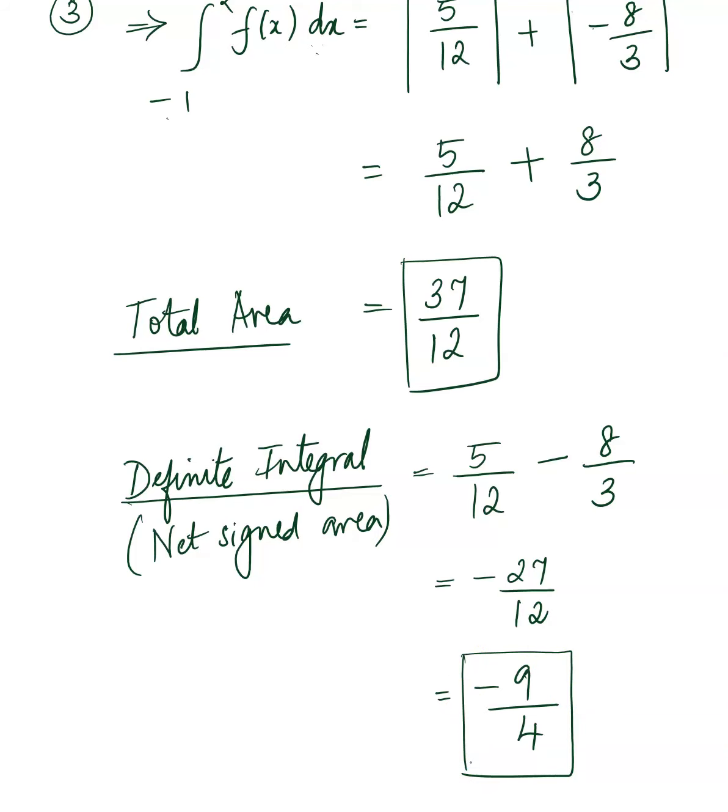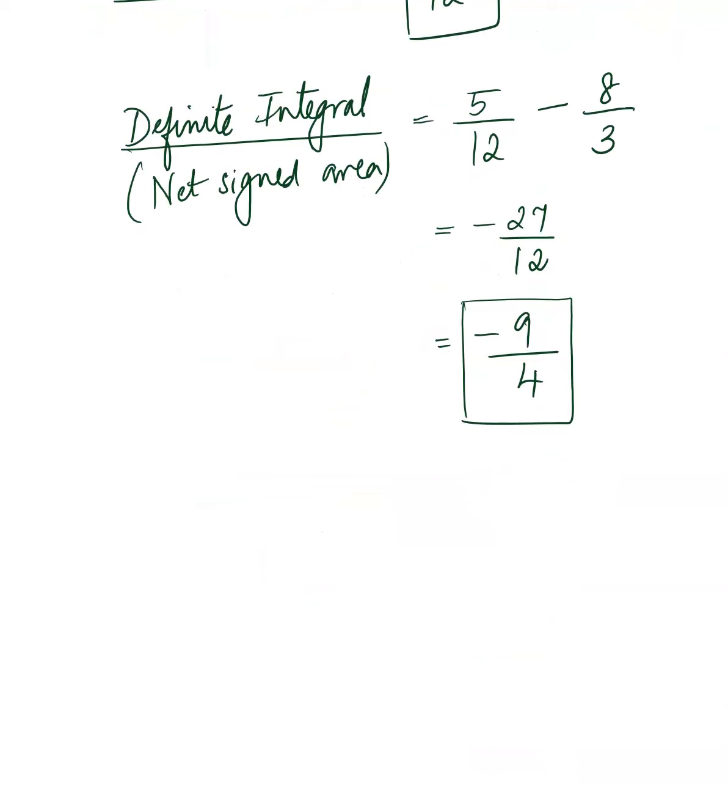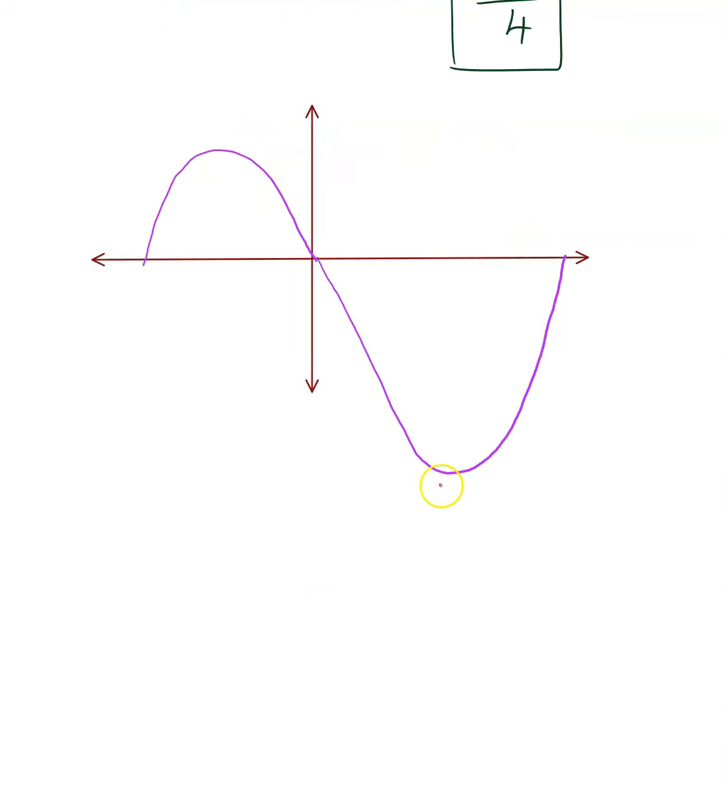Now let's do a quick look at the sketch of this graph. So our graph is y equals x cubed minus x squared minus 2x. That's your purple graph. And these were the positions where we got our zeros, right? And this region was positive, so we automatically got a positive 5 over 12.